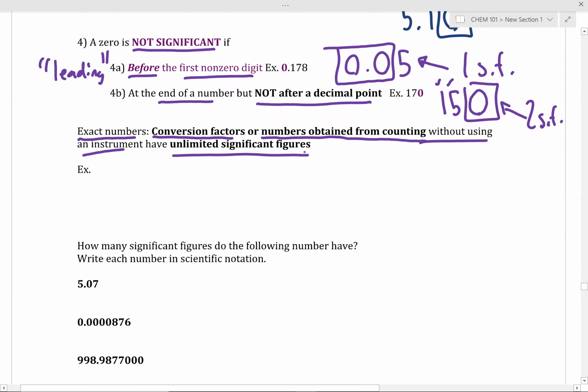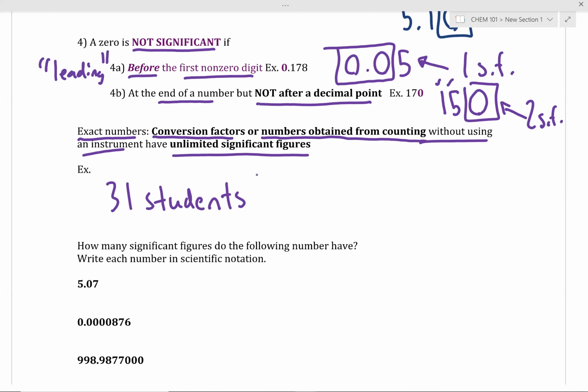So for example, if I counted the number of students in this class, and I note that there are 31 students. As I have not used an instrument, I haven't used a scale, a ruler, or any other device with an inherent uncertainty associated with it. And when we're counting objects, there's no way for there to be half a student in the class, right? And as a result, numbers obtained from counting, this 31 has an unlimited number of significant figures.